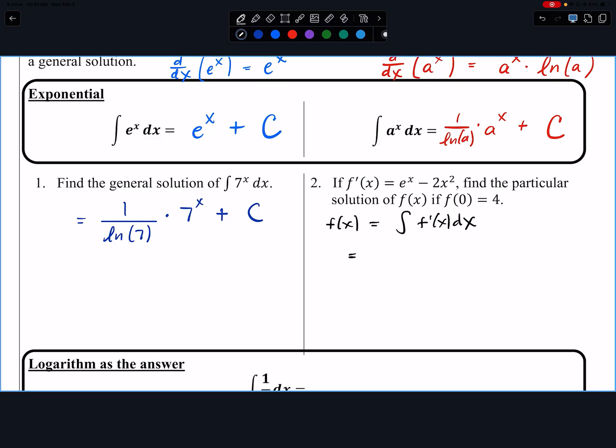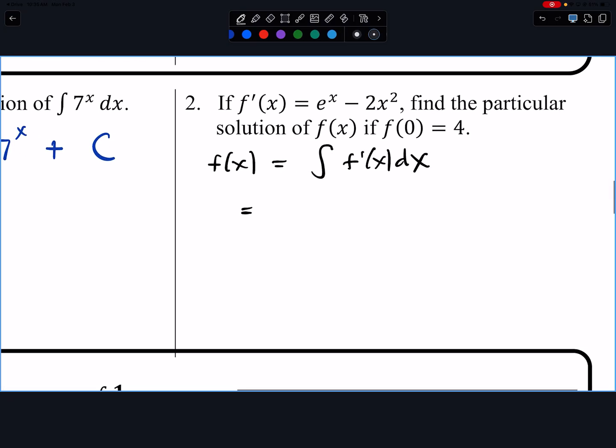So it's going to be the integral, let me zoom in, of, whenever there's two things, I would put in parentheses just to make it look nice, e to the x minus 2x squared dx. Okay, so if I integrate this, what's the antiderivative of e to the x?